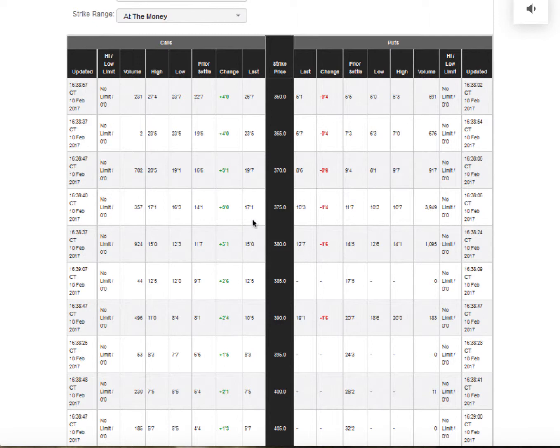What we need to take away is that the first two numbers are the cents they give us. After that, there's a comma and some fraction, which is an eighth of a cent. So we would divide 5 by 8 to figure out the price at the 385 strike.